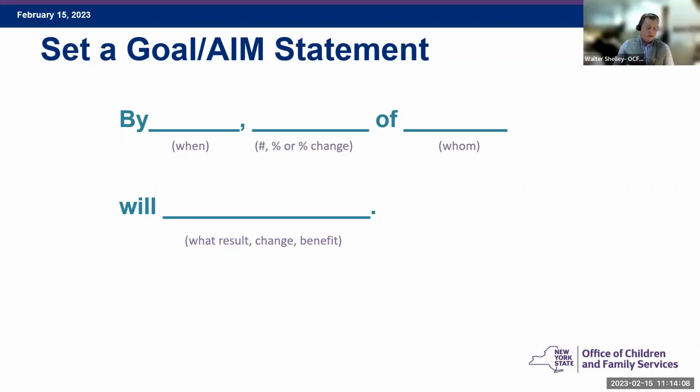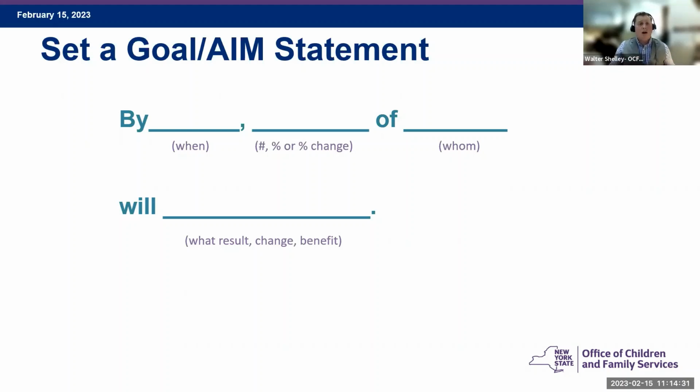And the final space is really what will happen. This is the desired change that we want to see. And answering these as detailed as possible is really going to ensure that you're being specific. And again, this is going to broadly indicate that you've really achieved your SMARTY goals here.